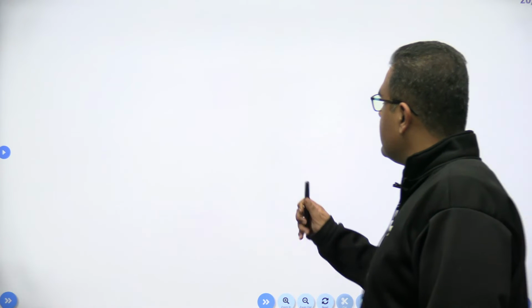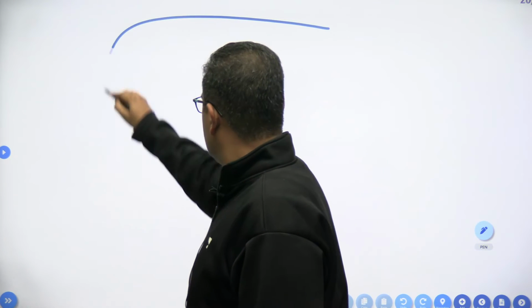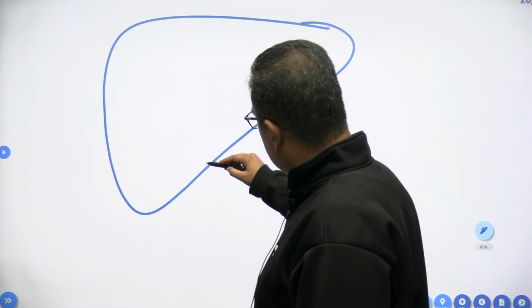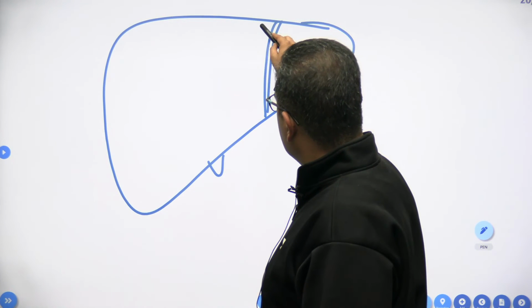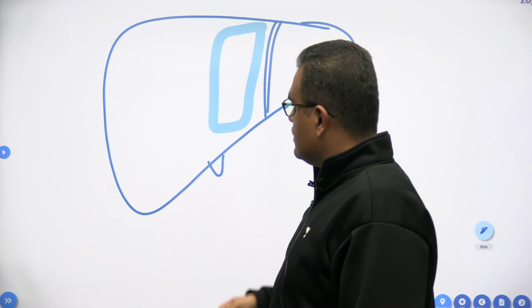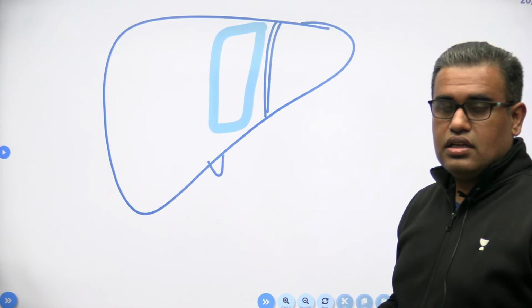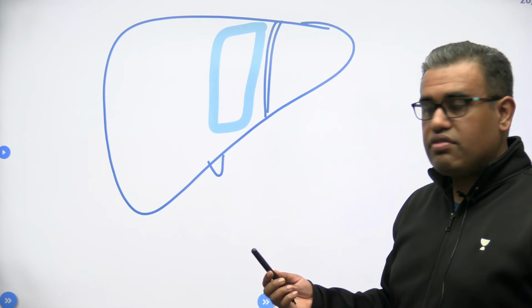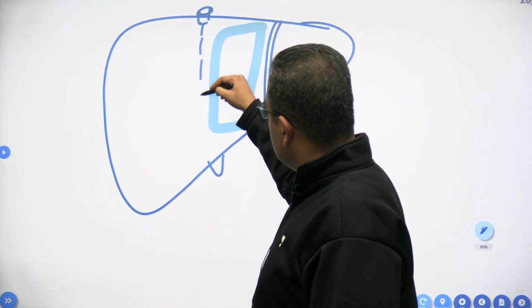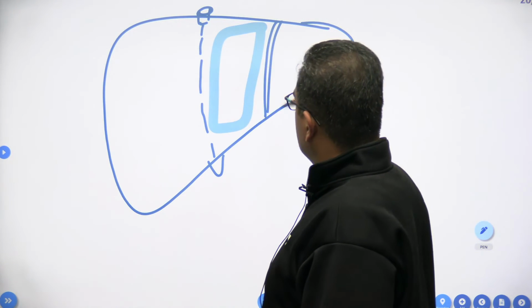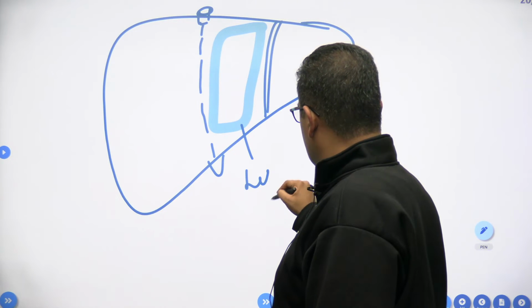First of all, they are saying this is the liver. Injury happened between the bed of the gallbladder and the falciform ligament. So this area is where the injury actually happened. You should know which part of the liver this is. Is it right or left lobe? Remember, nowadays we say the IVC is the dividing line of the right and left lobe. So this is the left lobe.